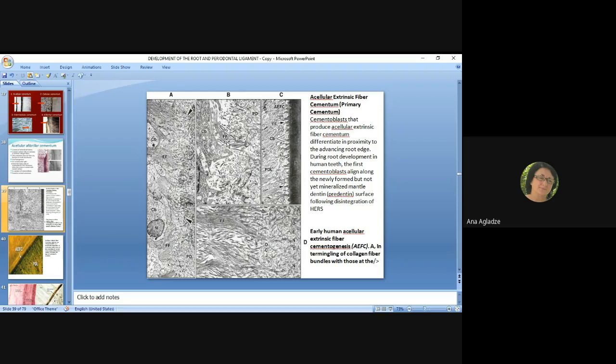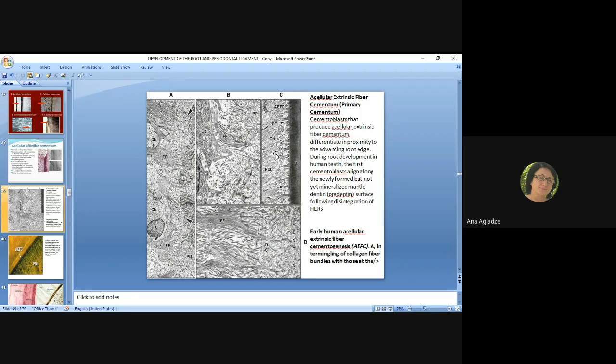Collagenous fibrils are deposited onto the not yet mineralized dentin matrix. Here you can see the periodontal ligament, this is dentin, and these are cementoblasts. The cells that bring this about are cementoblasts, which cannot be distinguished morphologically from fibroblasts.